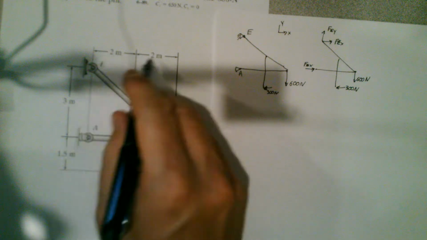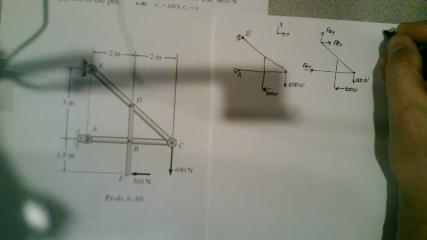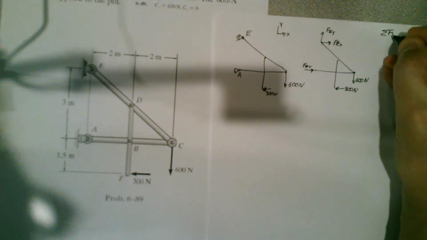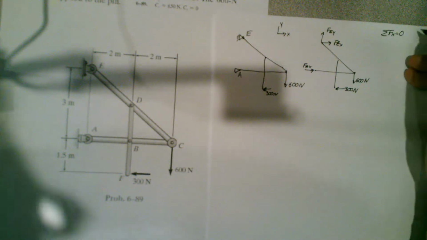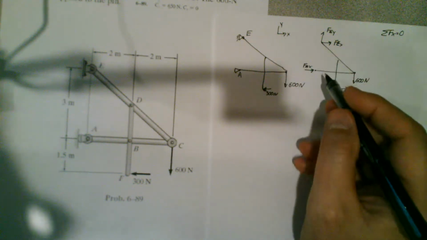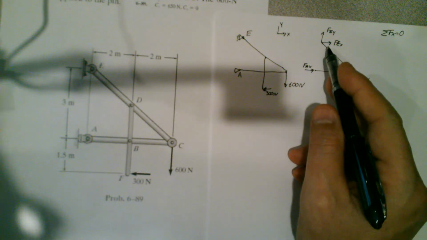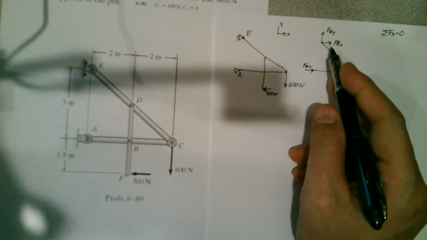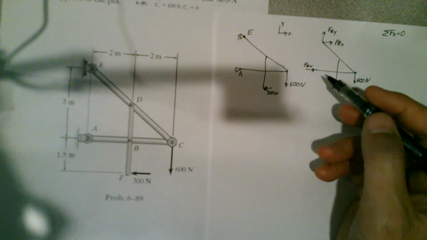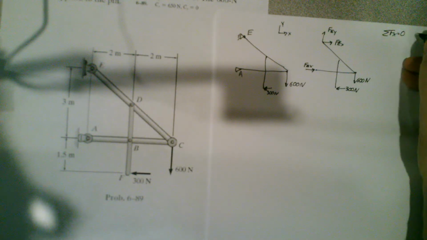I'm not going to write out all the measurements, but taking this, we sum our forces in the X and set them equal to 0. I'm just picking everything in the positive X. That's just the way I do it. The worst case is you get a negative somewhere and you realize you messed it up, so it's not a big deal. So let's sum all those up.